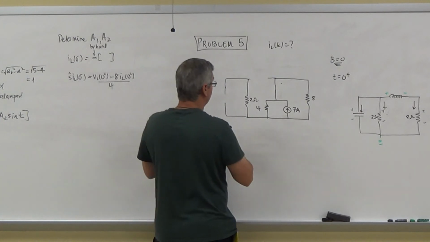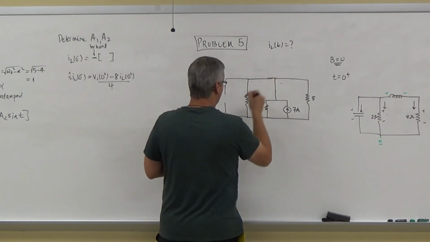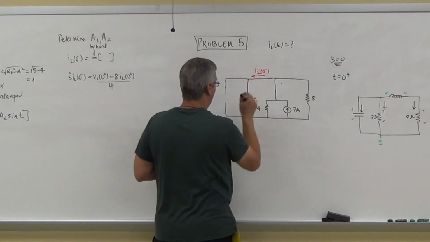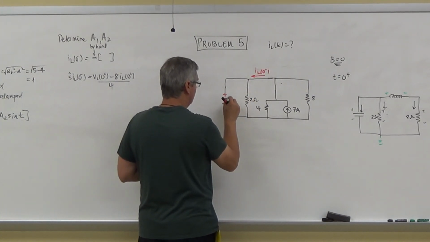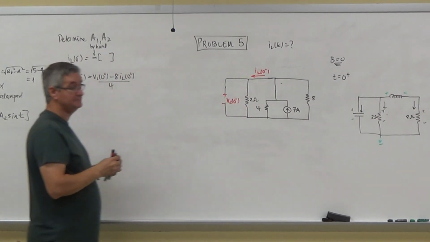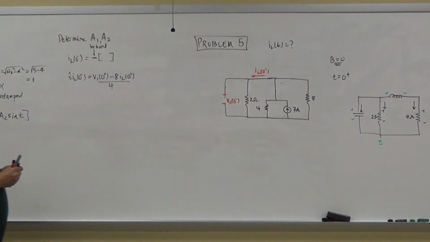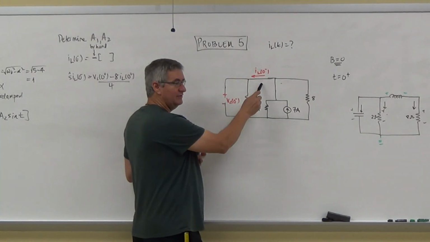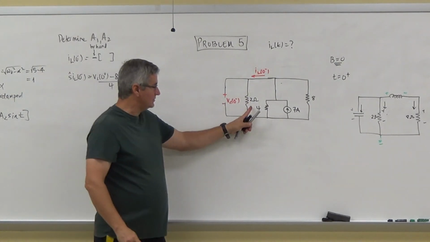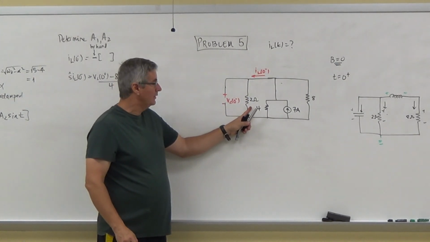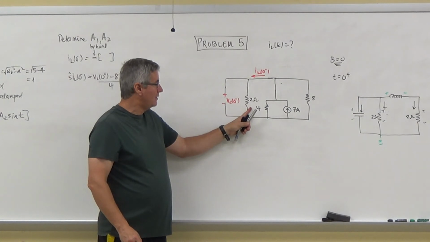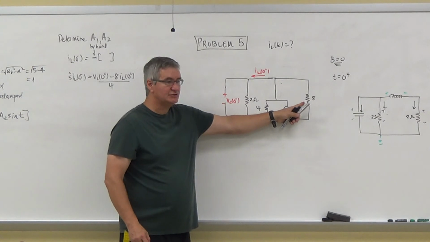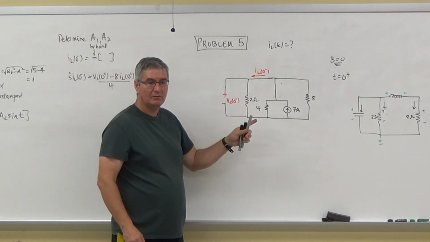So if I look at this guy here, I have this guy going this direction. And I have this guy right here, like that. So you're seeing that the current of the inductor is the same as the current of the 2 ohm. Now note that this resistor, that resistor, and that resistor are all in parallel.